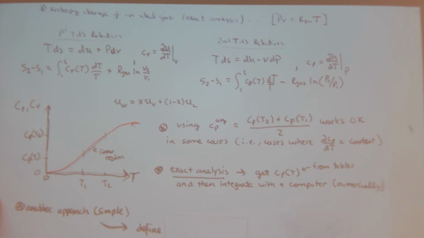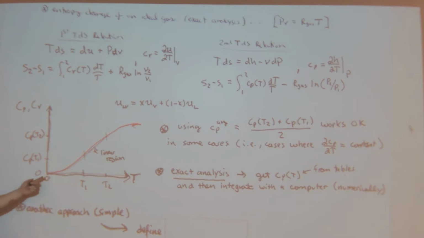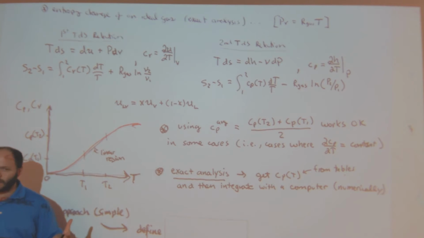Okay, so for this exact analysis, get CP as a function of T from tables. Once you get it from a table, you can put data points on here, and then you integrate numerically with a computer. When I say integrate, it's just like when you calculated in physics and calculus the average mass, or the center of moment, or the mean value of something.